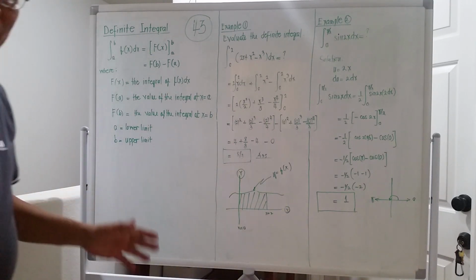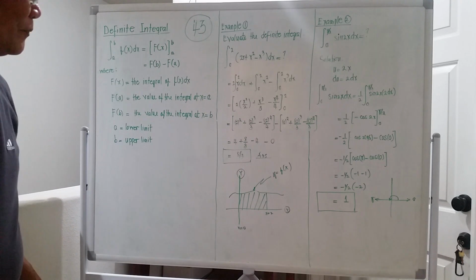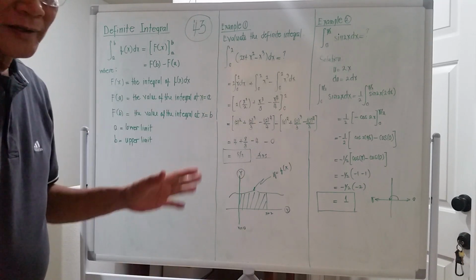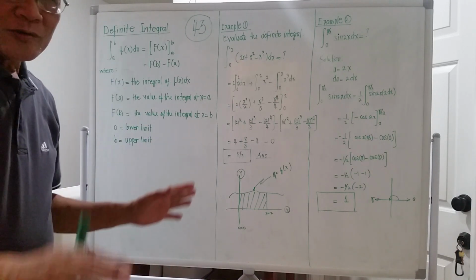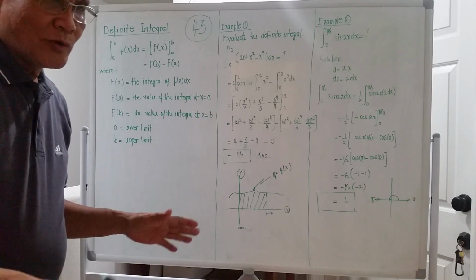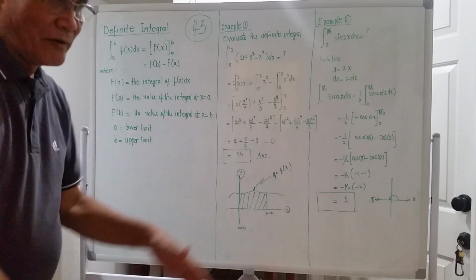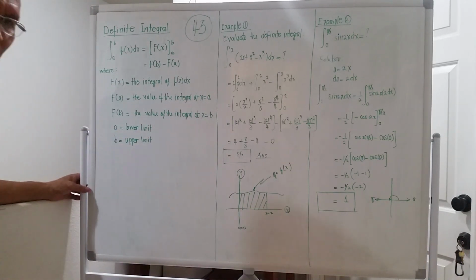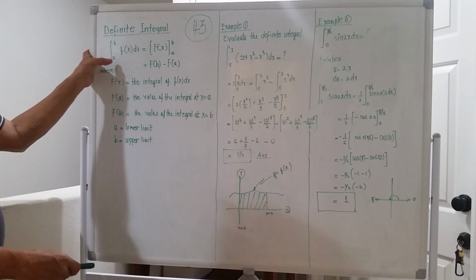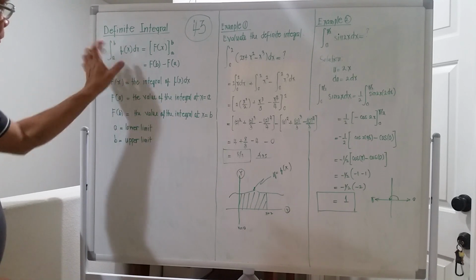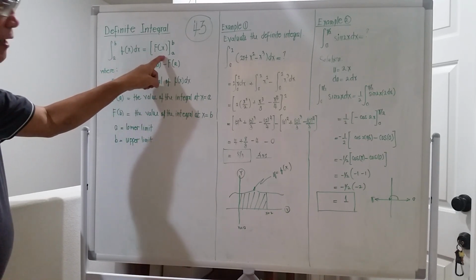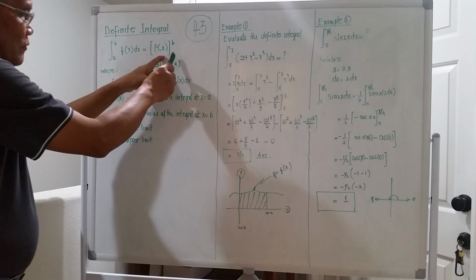If you try to read books on calculus, and if you don't simplify what you will be reading, you will get lost. So I will make the explanation of this as simple as it can be. So finally, I will bring out the integral with the limit from a to b of f of x dx is equal to capital letter F of x, with the limit from a to b.